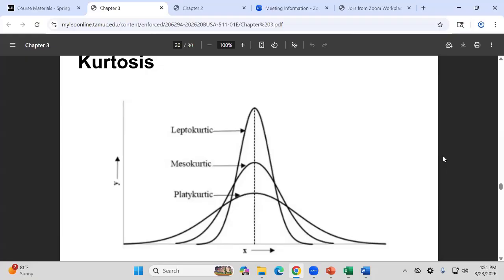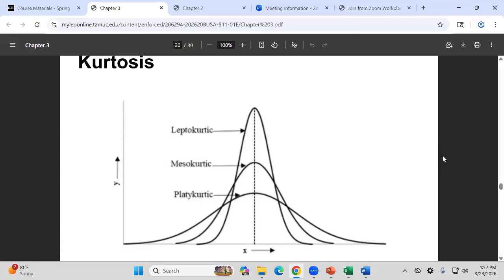Lepto means your data set tends to be slender, meaning that you have the central value, no matter mean, mode, median, doesn't matter. You have the central value, and then the rest of the data set varies closely to the central value. That's why you have a slender shape.